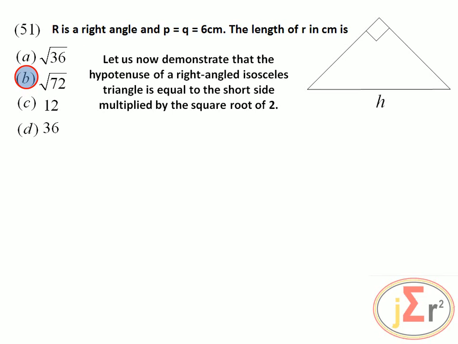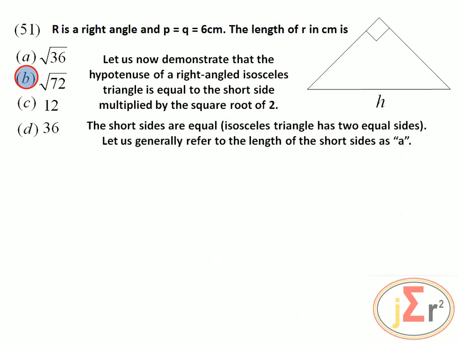So the triangle must be right-angled. Then it must also be isosceles. The short sides are equal because we have an isosceles triangle. An isosceles triangle has 2 equal sides. So let us generally refer to the length of the short sides as a. So there we have it.